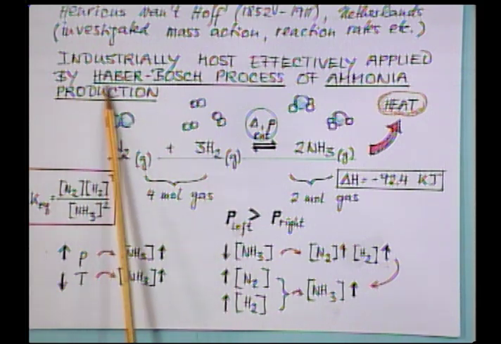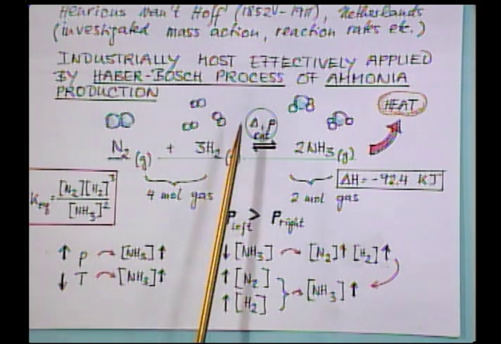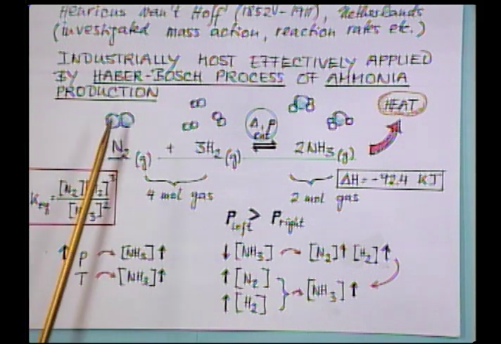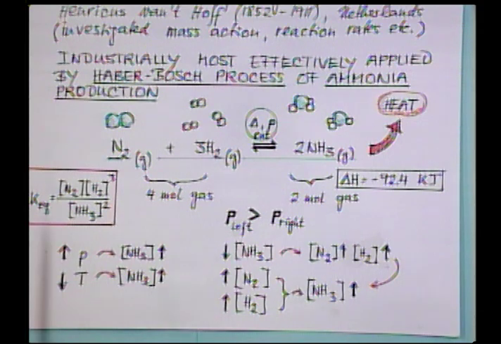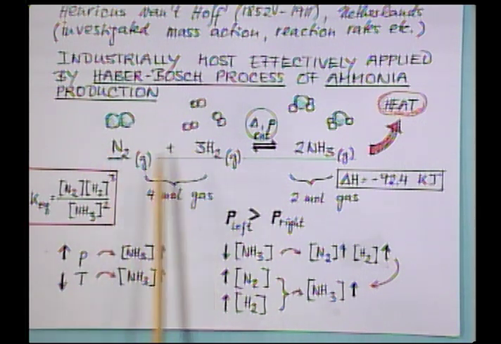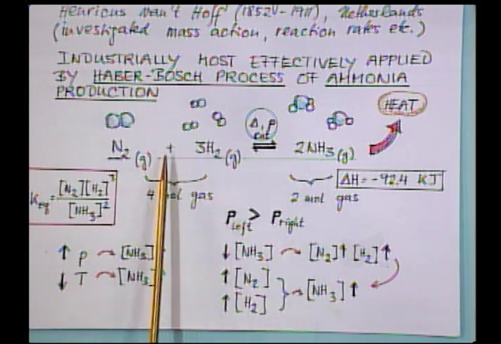This was used for the Haber-Bosch process, a very important process that led to the formation of ammonia, which is such an important chemical that is used for fertilizer and all kinds of things. So we have nitrogen and hydrogen give you ammonia. Notice that we have 4 volumes of the gases on the left and 2 volumes of the gas on the right, meaning the pressure on the right is much lower than on the left.